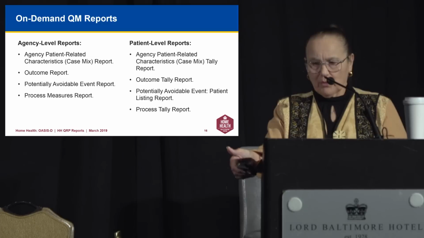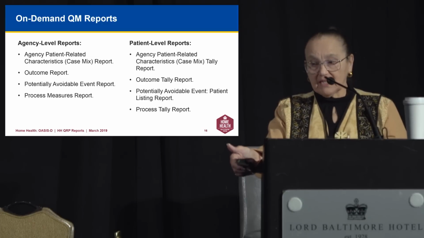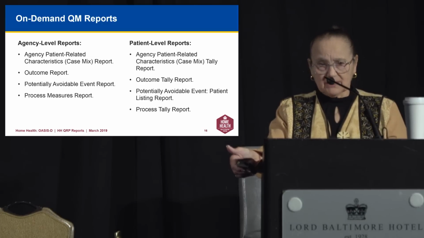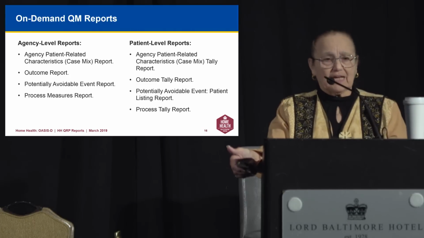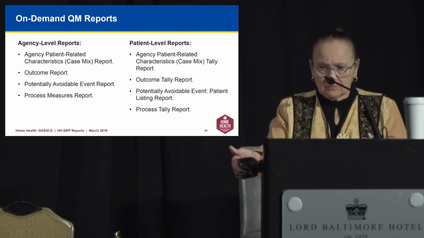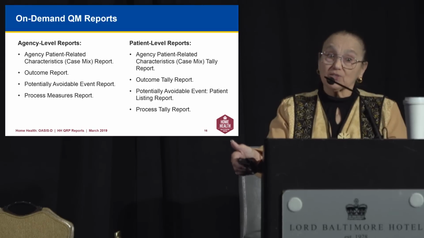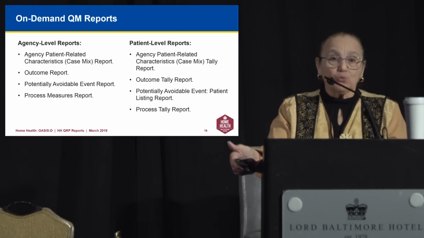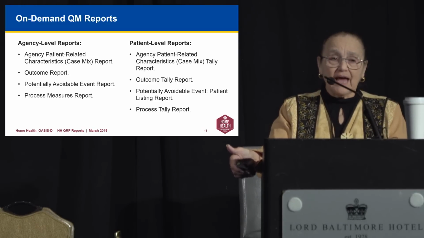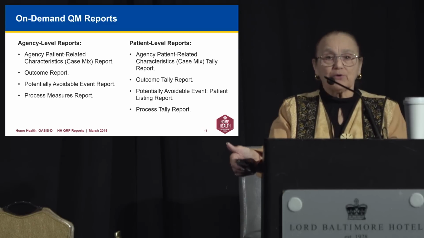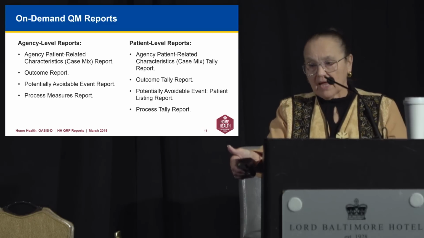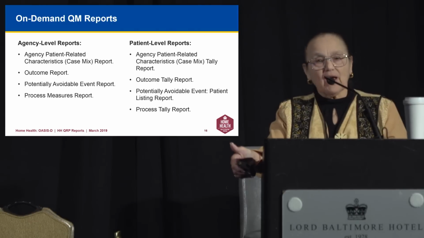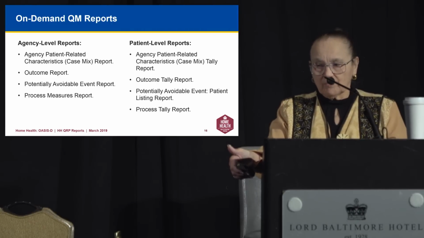The outcome report. The potentially avoidable events report. This one is like a report card of oops, and where you really do need to look at where the oops occurred because you want to analyze it and find out if it was preventable and how you could have stopped it. And lastly, in the agency level, you'll have the process measures report.